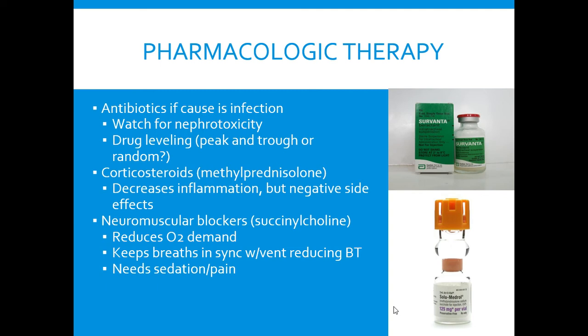It can keep the breaths in sync with the ventilator. It helps to reduce that barotrauma risk. But just remember that these patients will also need sedative drugs and pain relief medications too, depending on what they're there for, for optimum comfort. I can imagine being paralyzed and then not being sedated.